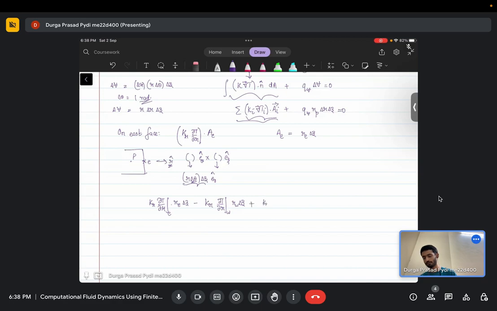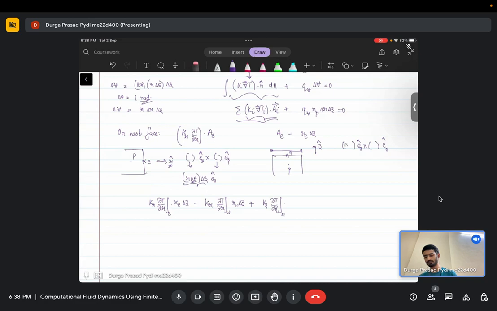Now on the north face, it's along z direction. So what will be the area on the north face? So this is my P cell, this is my north face. What will be the area of this face? So this is along z cap. So we'll have ER cap cross, sorry, theta.